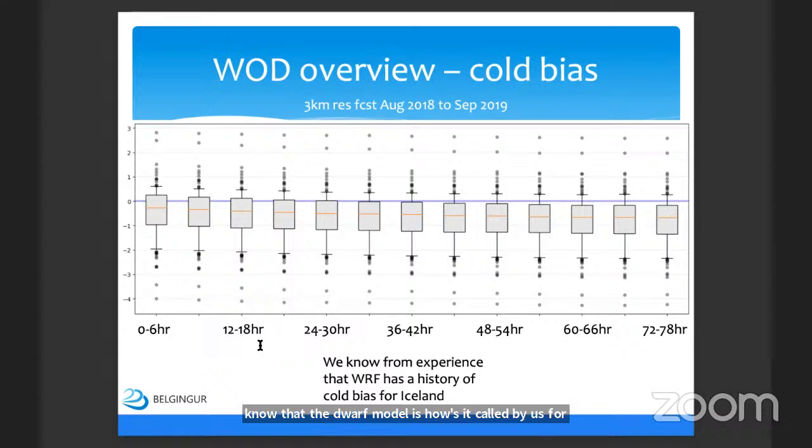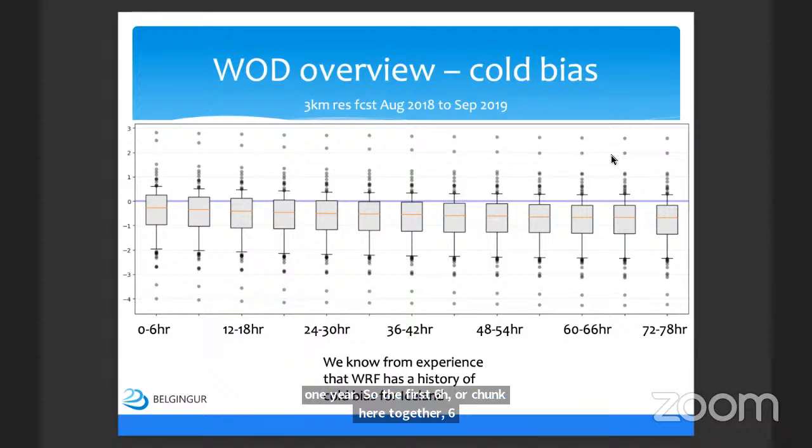And here's a typical three-day forecast simulation over 1 year. So the first 6 hours are chunked here together, 6 to 12, 12 to 18. So basically day 1, day 2, day 3. And there is a consistent cold bias, which increases a little bit as the forecast goes on.